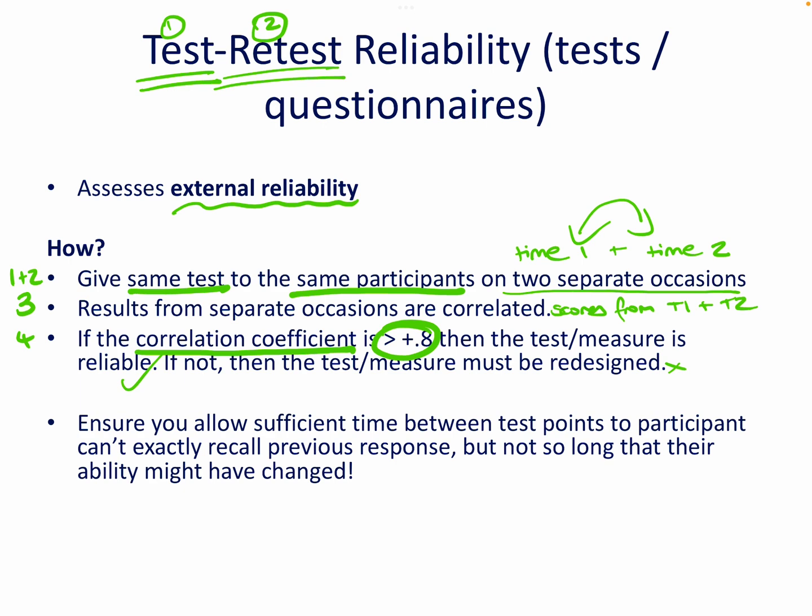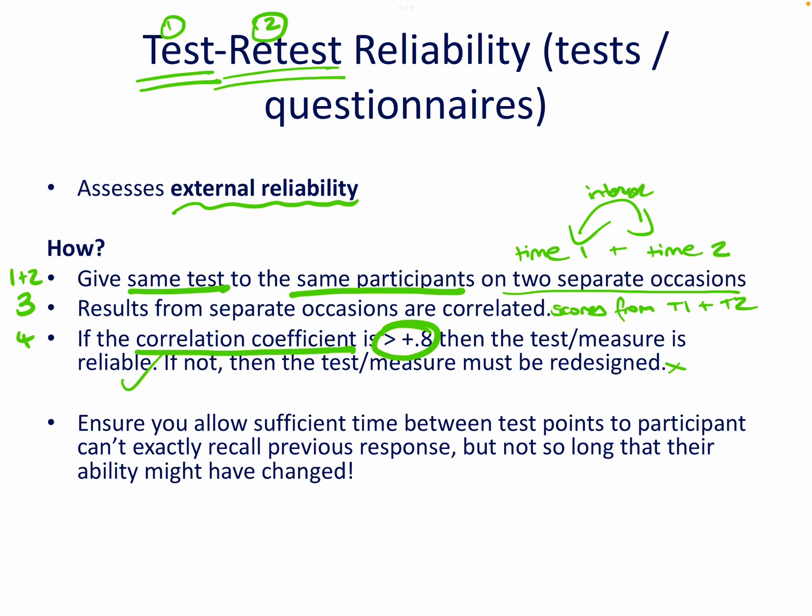And that's not really going to test the consistency from time 1 to time 2. So we want to leave a sufficient gap. But if we leave it too long, if we leave it years, then their responses might have changed. But that's not because the test isn't reliable, that's just because their attitudes have. So we want to make sure that we find that sweet spot when we're looking at that interval between time 1 and time 2.